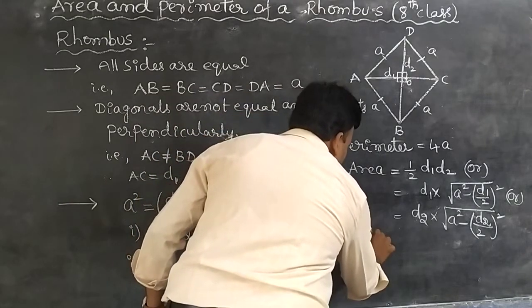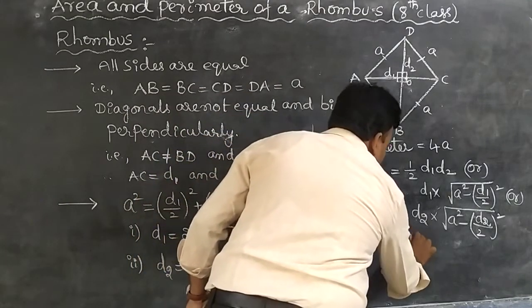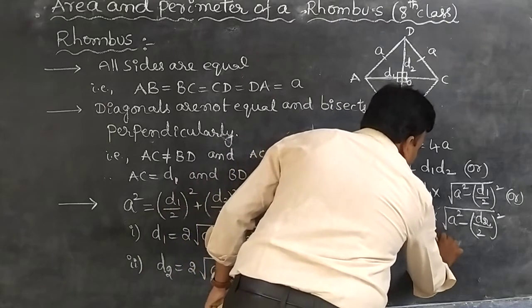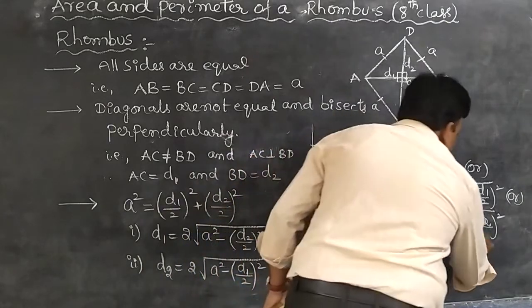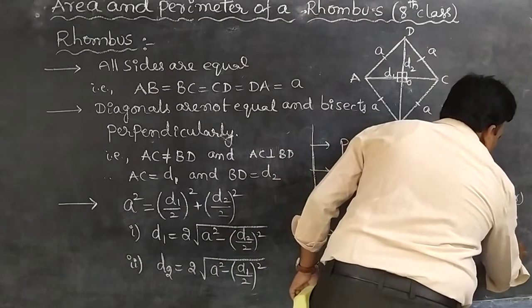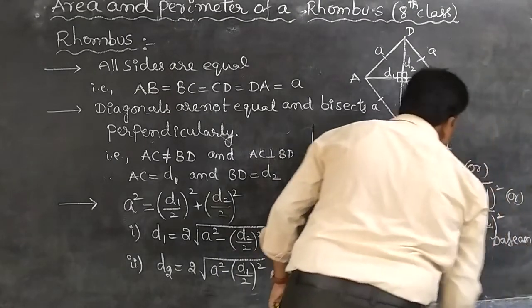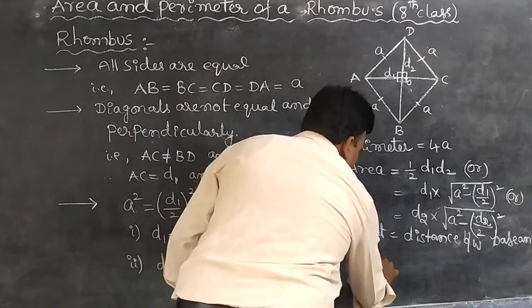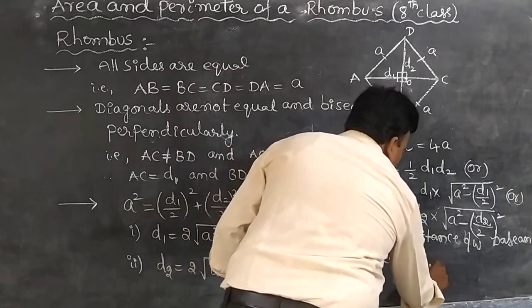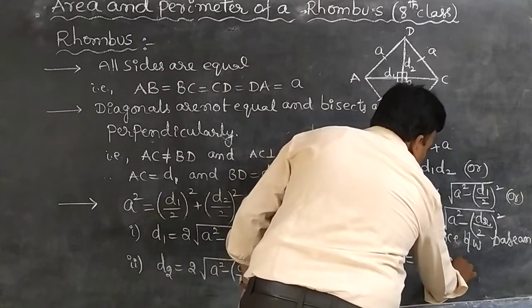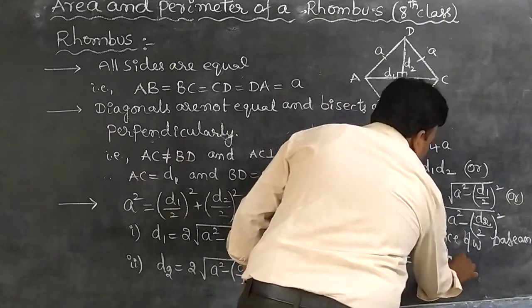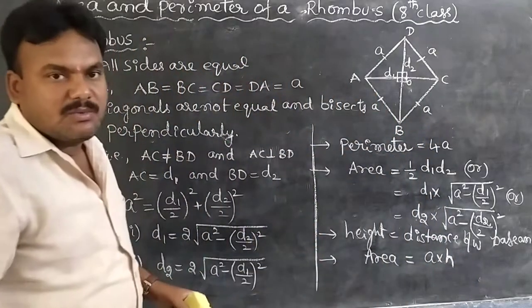Height equals the distance between base and top. That means by using this, area equals A into H, A means side, into height. This formula also can be used.